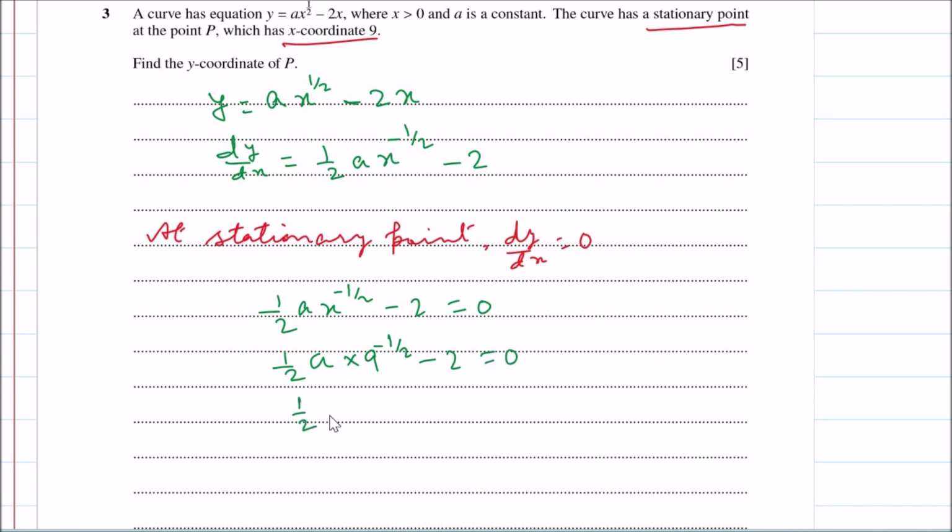So half a into 1 by 3, since 9 to the power minus half gives us 1 by 3, minus 2 equal to 0. So we get 1 by 6a equal to 2, and this implies that a equal to 12.